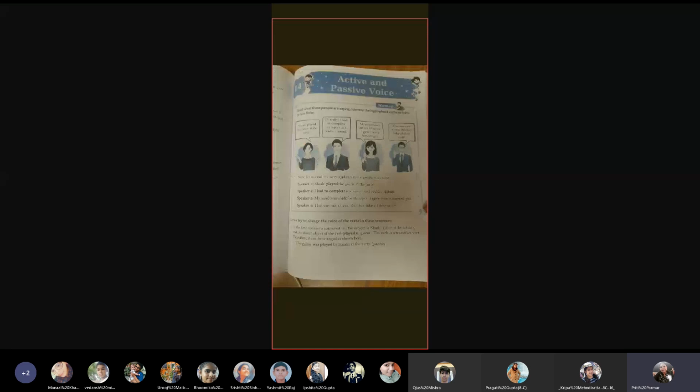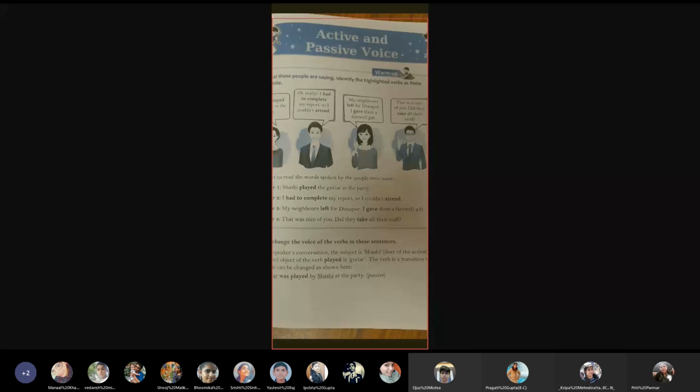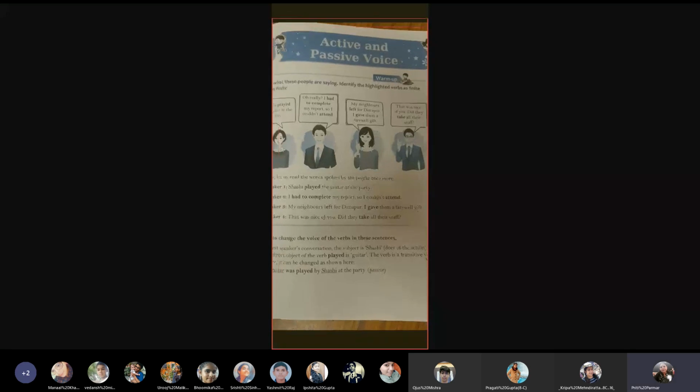So now we will change the active sentence into passive. First, let me read out the active: I had to complete my report. If we change it into passive, it will be my report had to be completed by me. And then the remaining part of the sentence would remain the same.